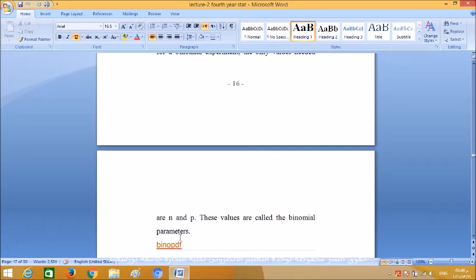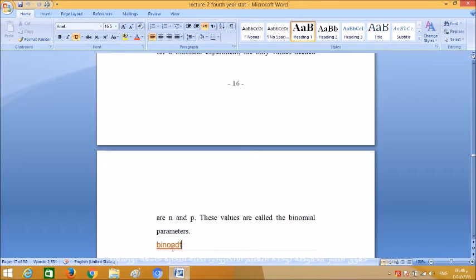binopdf. binopdf is a function to compute the probability density function of the binomial distribution. So bino from binomial, and pdf means probability density function.